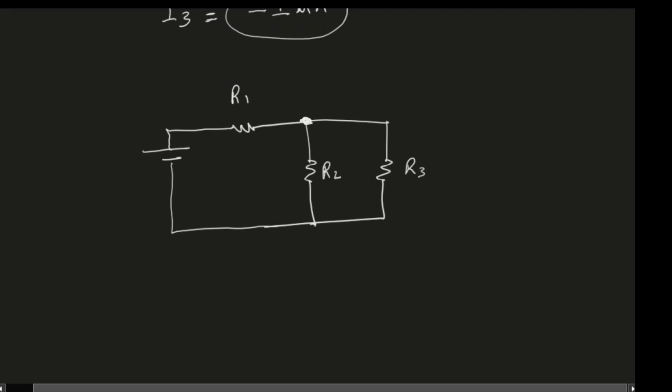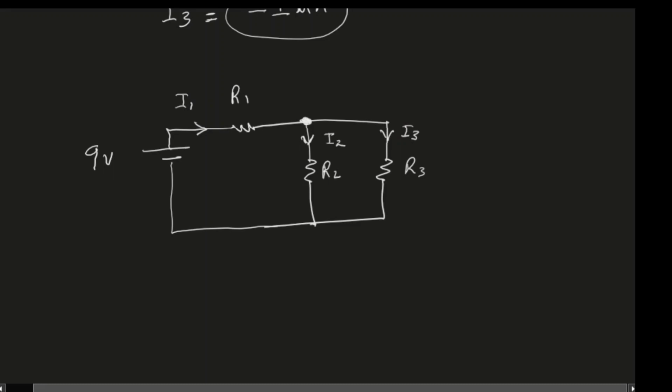This is our node where we will apply KCL. The source voltage is 9 volts, which will produce a current I1. And let's assume two more currents. And I'm going to assume that the currents are flowing in the downward direction. So this is I2 and this is I3. So we have three different currents.